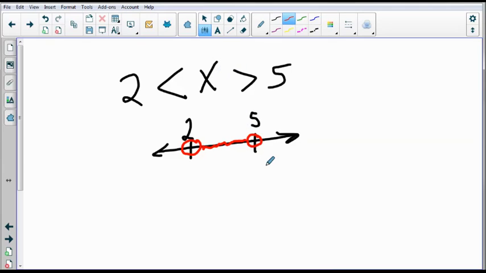This says the x's are bigger than 5, so I go this way. I run into the same problem: this says it does not equal 5. But let's try to fix it like we did last time. Okay, fill that in. Why wouldn't I just write this as x is greater than 2? Because if you're bigger than 5, you're already bigger than 2. So again, you're never going to see one written where these two point away from the x. You just won't see that.